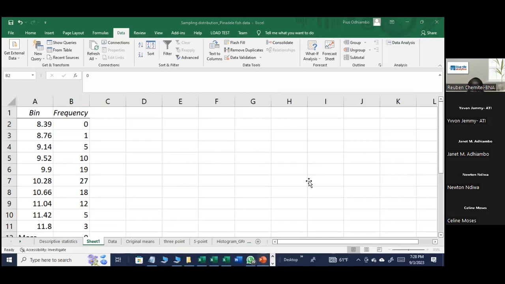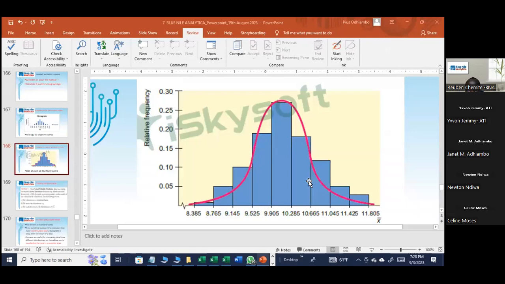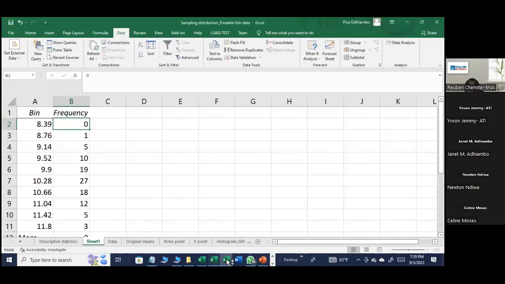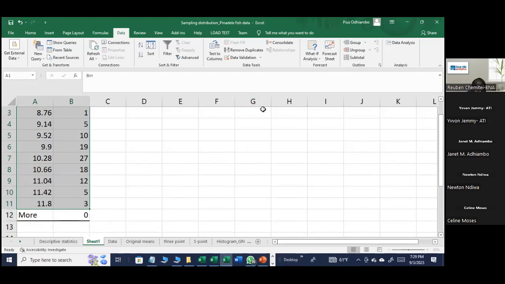So this one was, you can see here, this is the pin is a frequency. Yeah, I was able to put that now. So let me put here. Select this. Then I click insert.